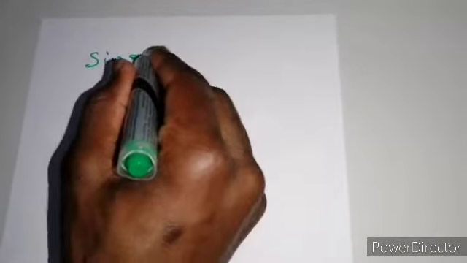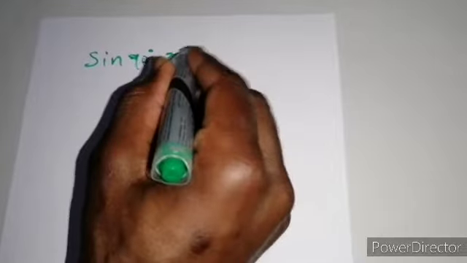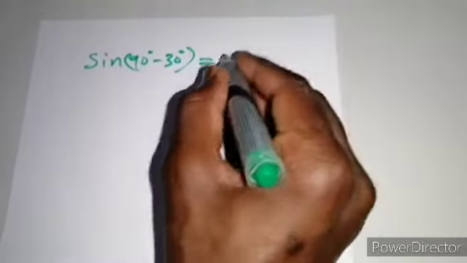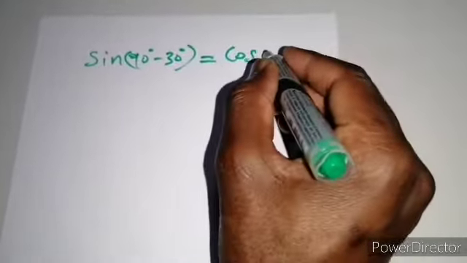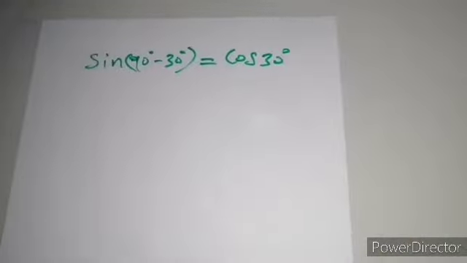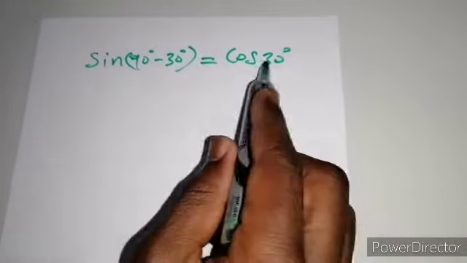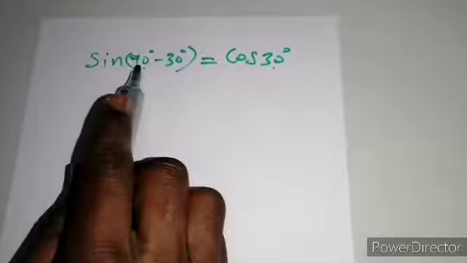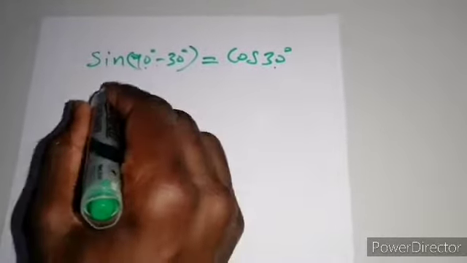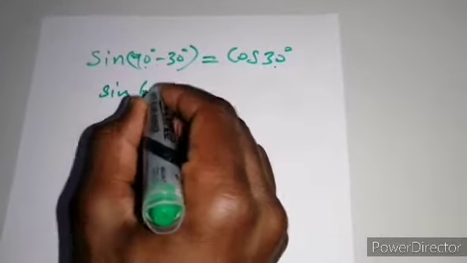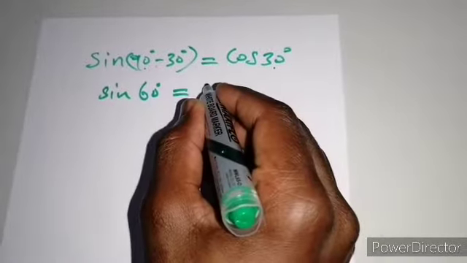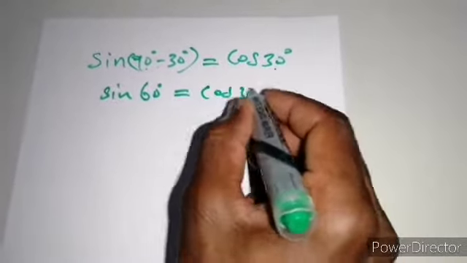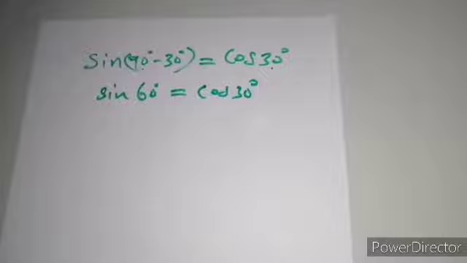The sine of 90 minus 30 degrees is the same as the cos of 30 degrees, because when we add these angles, we get 90. If this one is 60, then it's the same as the cos of 30 degrees.